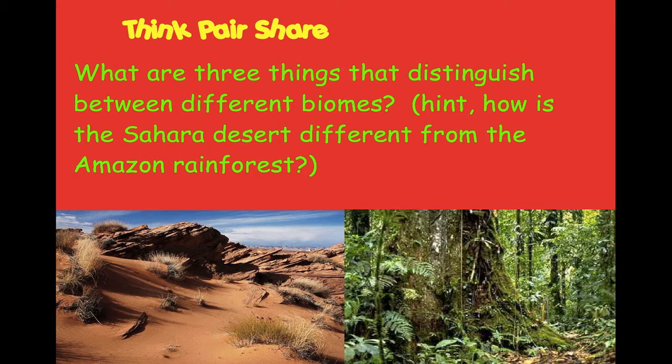So for example, if we said this biome has a lot of rain, it's warm all year long, it has boa constrictors and vines, you might be correct in saying that it's the tropical rainforest. But if I described a biome that was hot and dry, very sandy, very little rain, has maybe some shrubs, some cactus, and some scorpions, maybe you would define it as a desert.